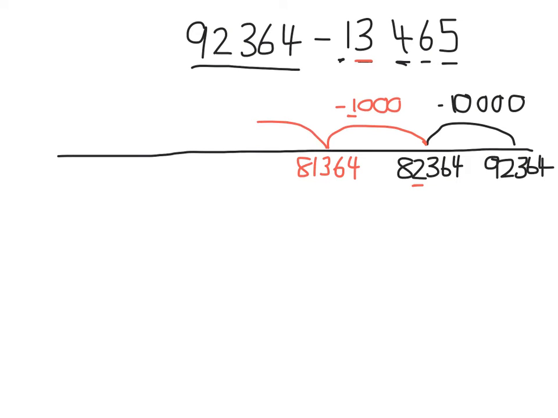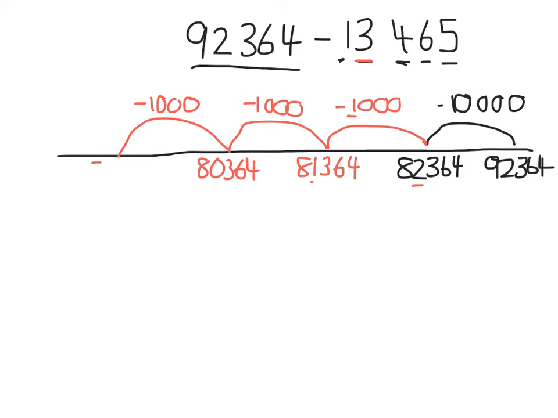Then I'm going to take away another 1,000, and I'm going to have 80,364. Then I'm going to take away another 1,000. So now I'm going to be changing my 10,000 column too.